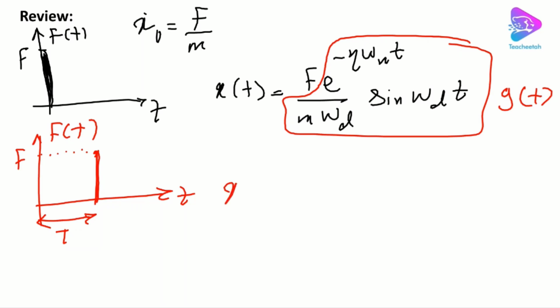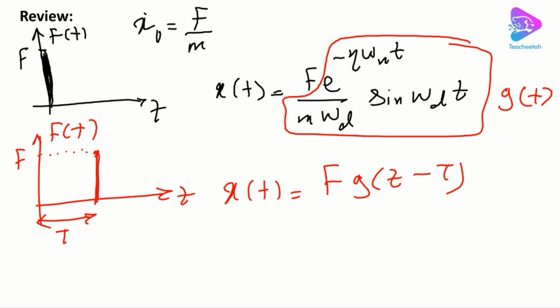So in this case, x(t) is equal to F g(t minus tau). In fact, we just need to use the above equation, and instead of t, we use t minus tau. Why? Because the impulse is applied to the system not necessarily at the beginning of the motion.